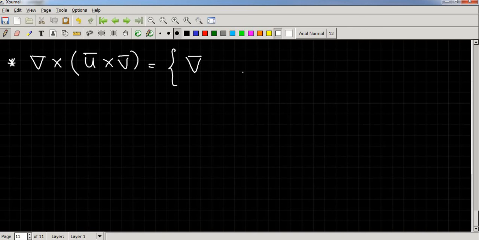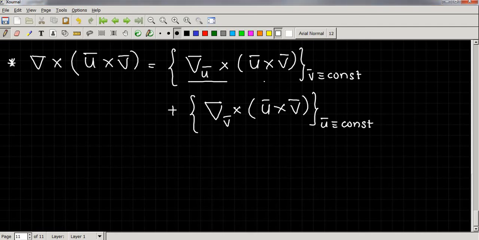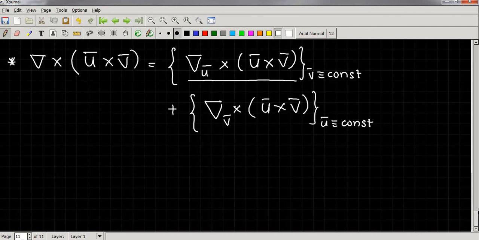First we differentiate this vector product with respect to u bar, treating v bar as constant, plus we differentiate u bar cross v bar with respect to v bar, treating u bar as constant. While solving this bracket, again we use the a bar cross b bar cross c bar formula, and then we apply the property of scalar triple product.